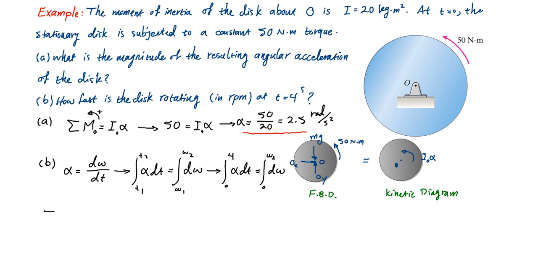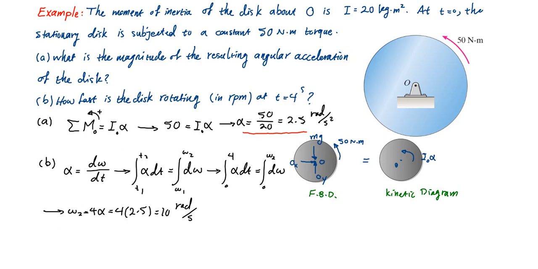From there, I'll get omega 2 is equal to 4 times alpha, and I found alpha was a constant, 2.5. That gives me 10 radian per second. That would be the velocity of the disk after 4 seconds.